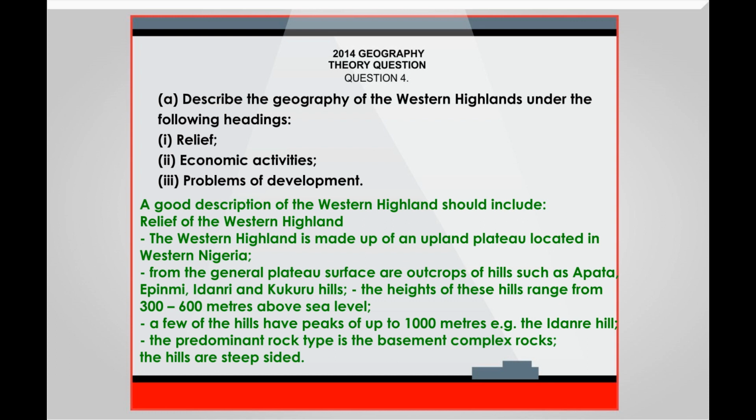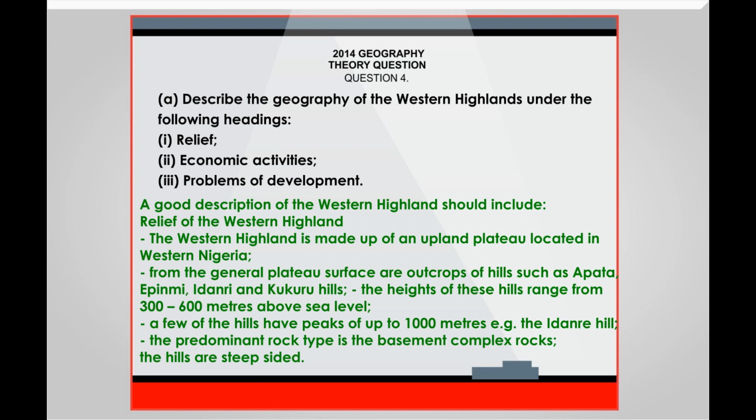Answer. A good description of the Western Highlands should include relief. The Western Highland is made up of an upland plateau located in western Nigeria. From the general plateau surface are outcrops of hills such as Apata, Epimi, Idari, and Kukuru hills.